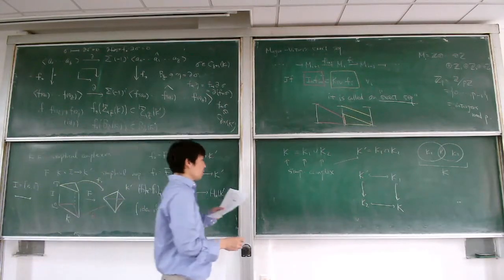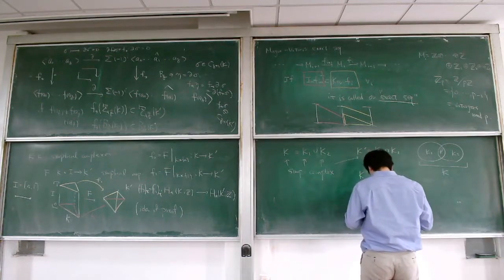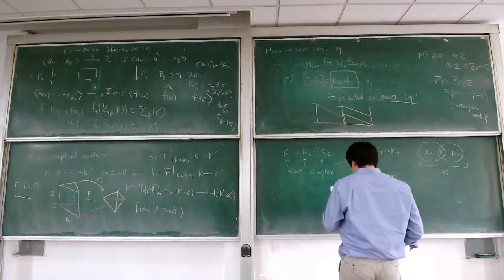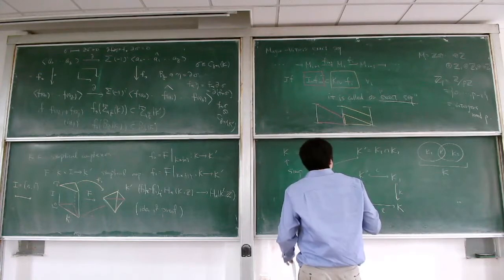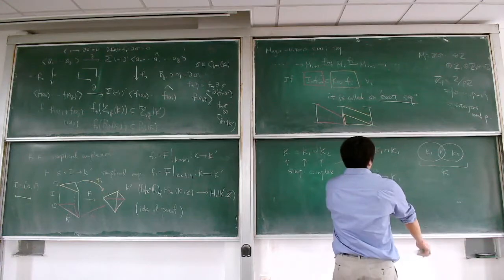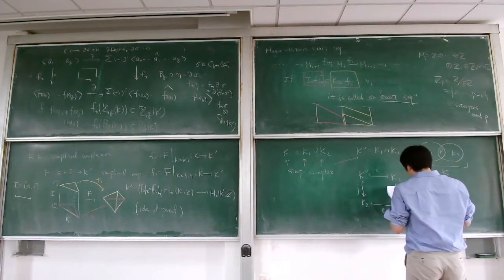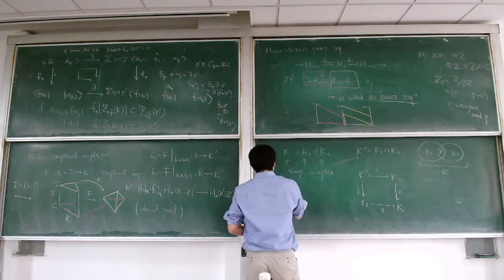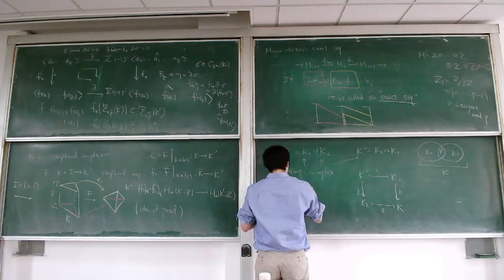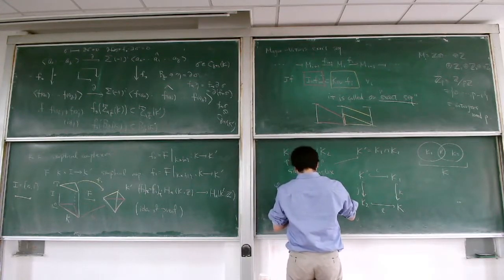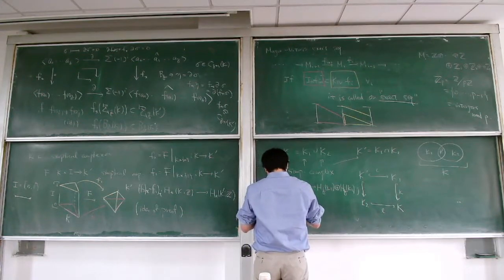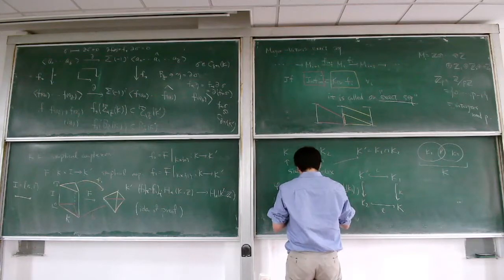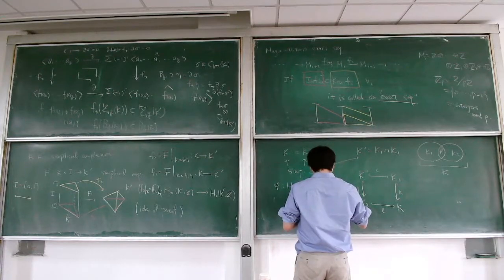So for instance, I call these I and J, and I call these K and L. So this induces a map phi from H_q(K prime) to H_q(K1) plus H_q(K2), everything with Z coefficients, in such a way that x prime is mapped to the homomorphism I star x prime and minus J star x prime.